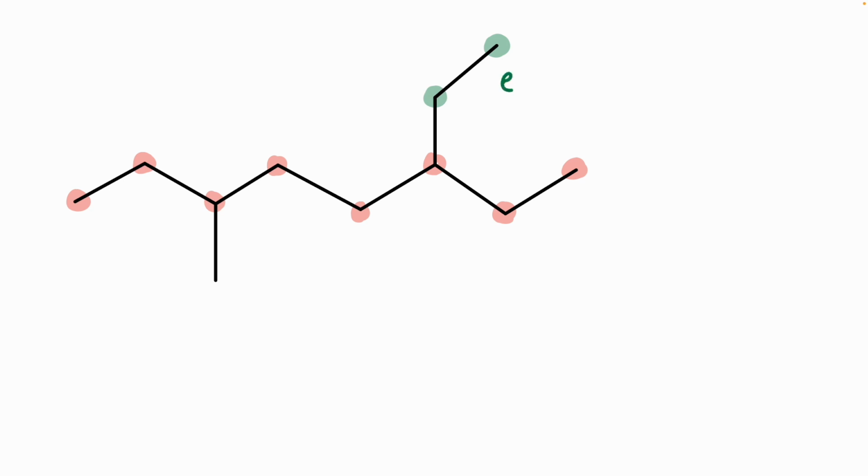On the one half, we have an ethyl group, and on the other half, we have a methyl group. And now we're going to number our parent chain. 1, 2, 3, 4, 5, 6, 7, 8. Or we can go the other direction.